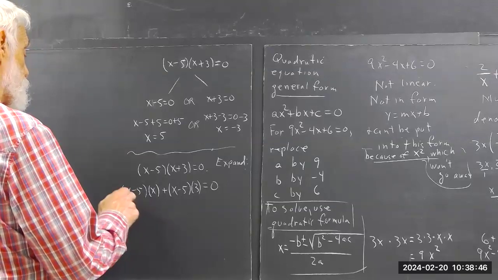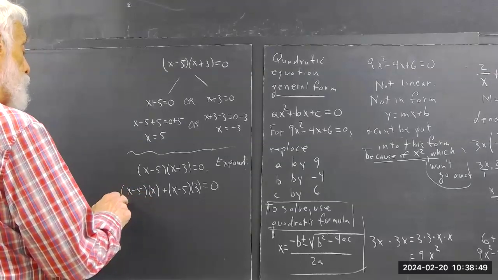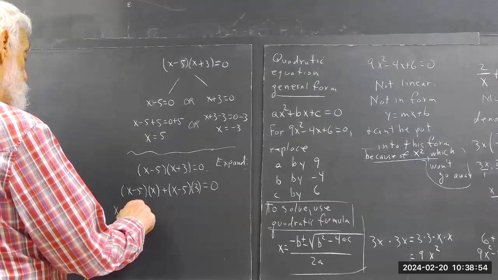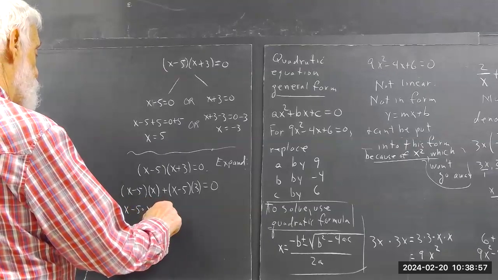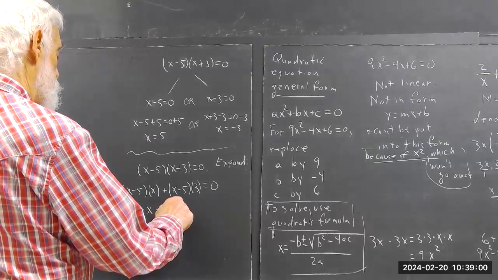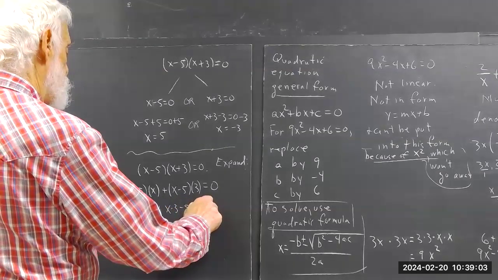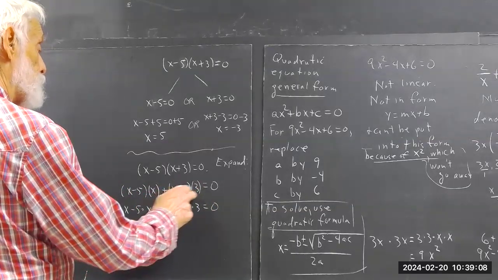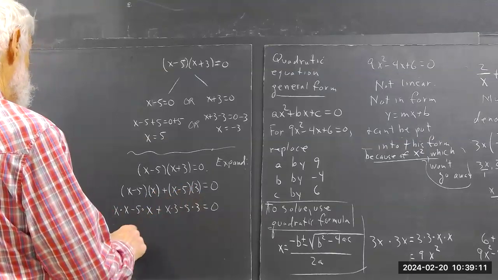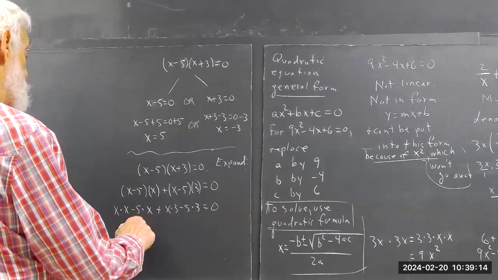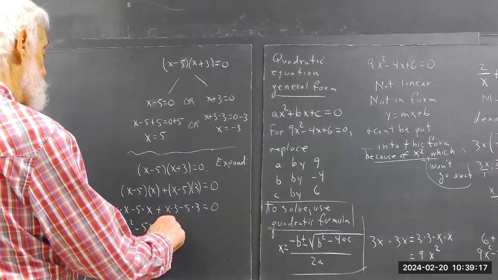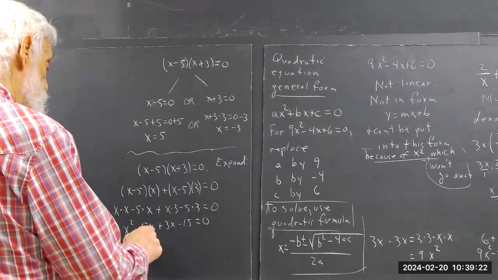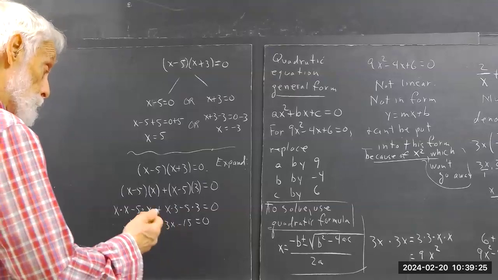We get x minus 5 times x is just x times x minus 5 times x. And over here, x minus 5 times 3 is x times 3 minus 5 times 3. So this gives us x squared minus 5x plus 3x minus 15 equals 0. Negative 5x and 3x are like terms. We can add them.